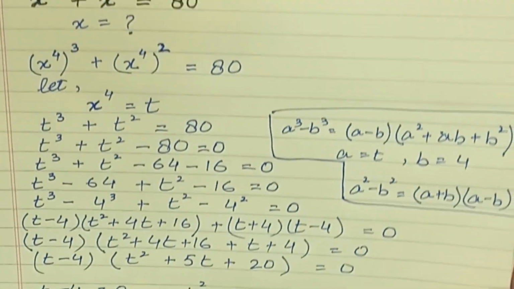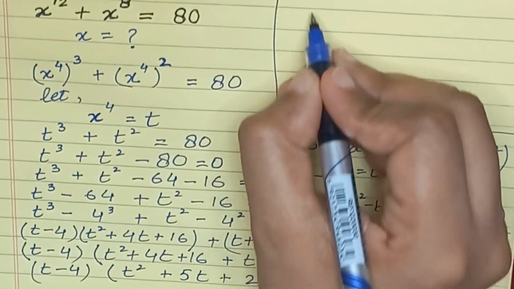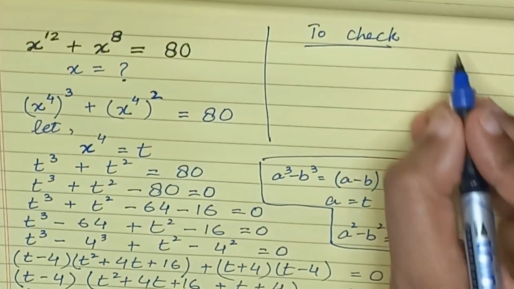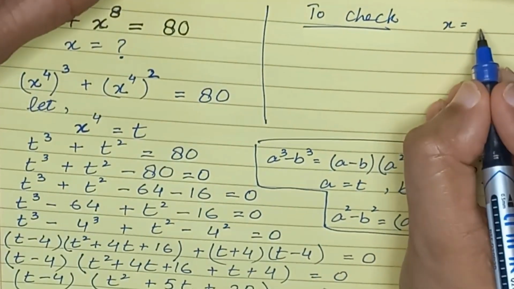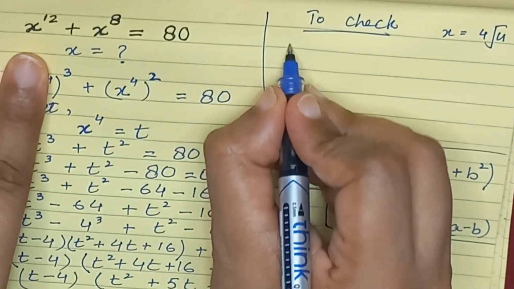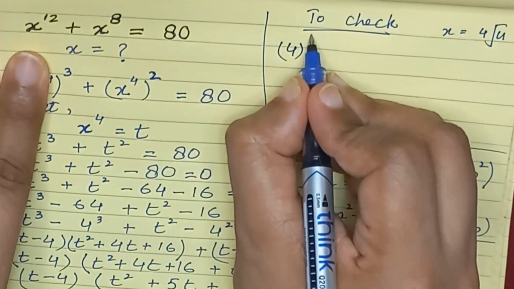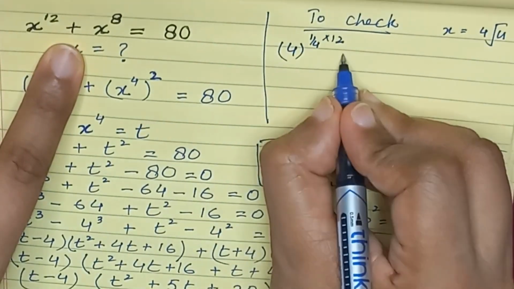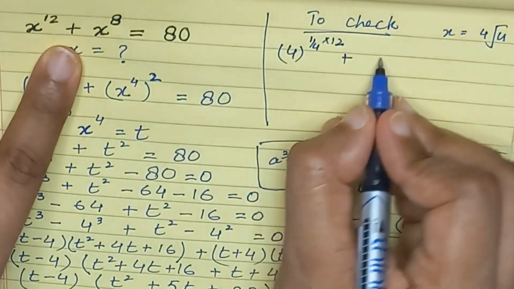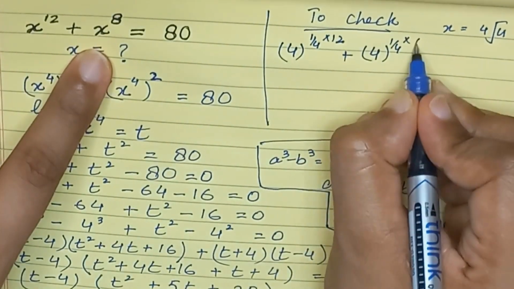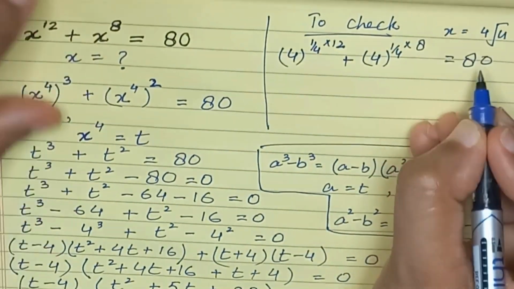So to check, for x equal to the 4th root of 4, it means 4 raised to the power 1 divided by 4, and its whole power is 12, plus again the 4th root of 4, which is 4 raised to the power 1 divided by 4, and its whole power 8, which is equal to 80.